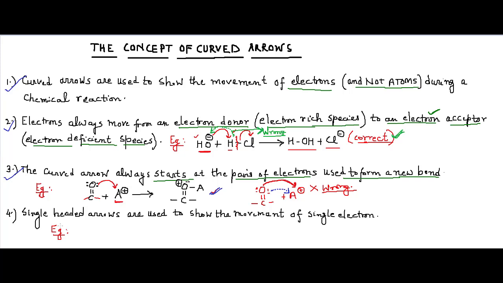The last point is that single-headed arrows are used to show the movement of single electrons. You must have seen several reactions being written like this, where in the product we get free radicals.